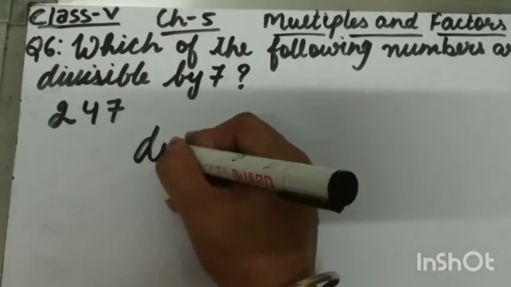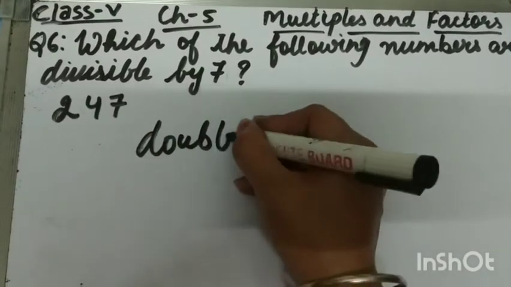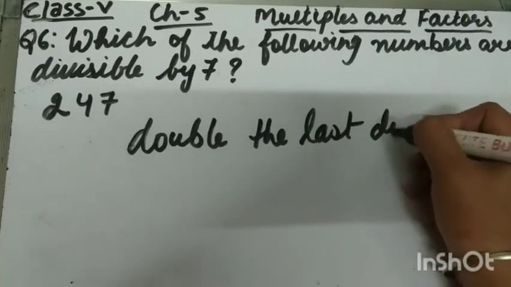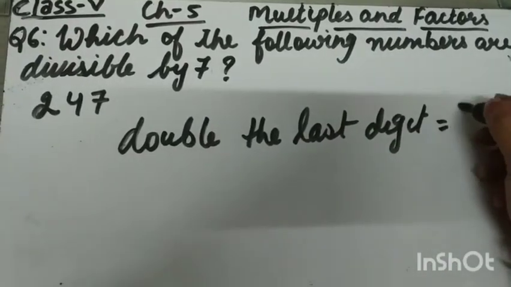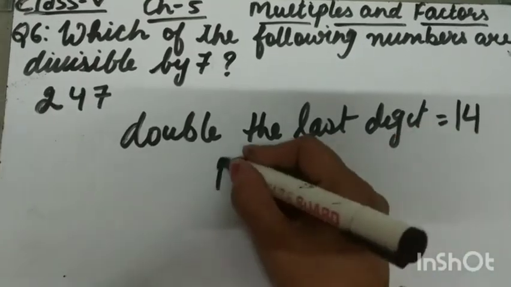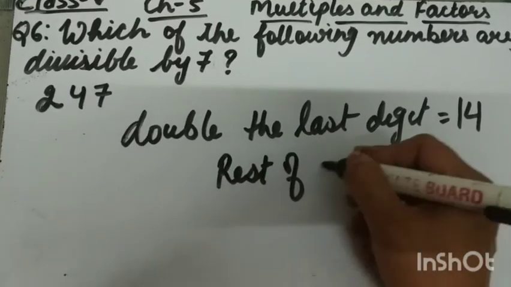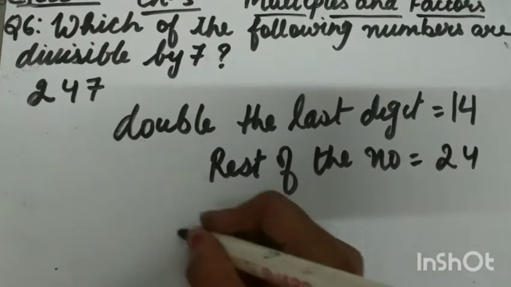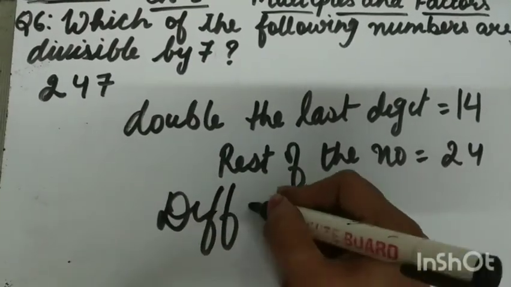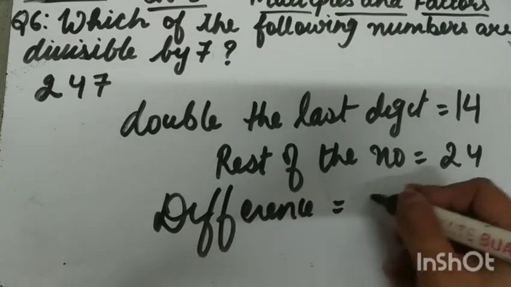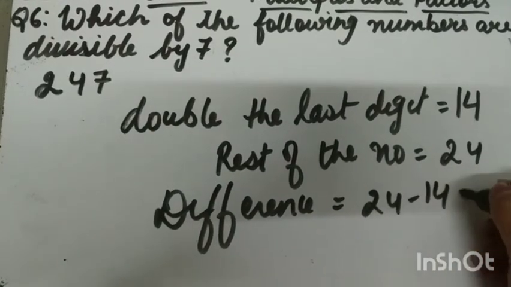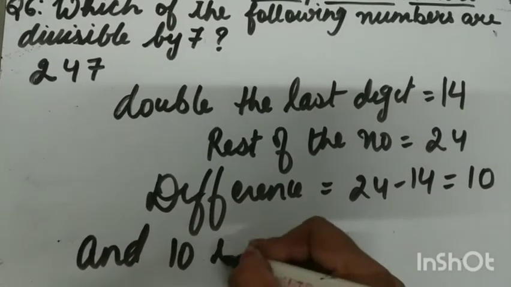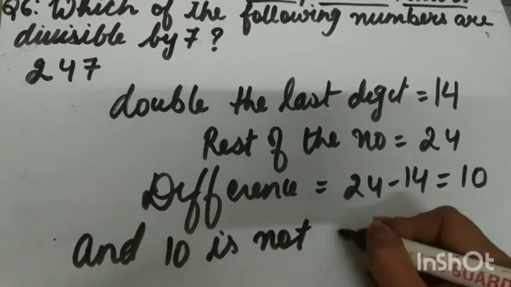Next is 247. Double the last digit: 7 twos are 14. The rest of the number is 24. Now the difference is 24 minus 14, which is 10, and 10 is not divisible by 7.